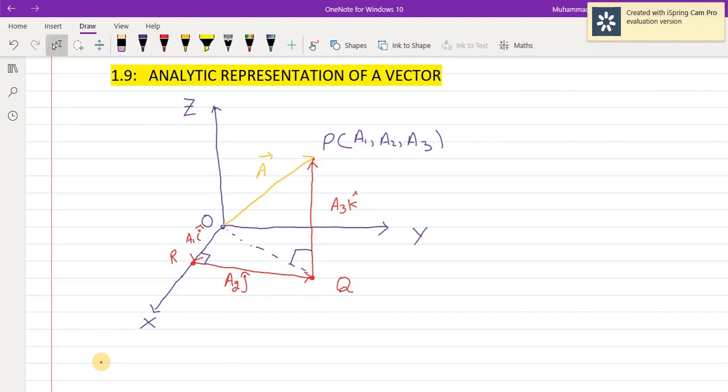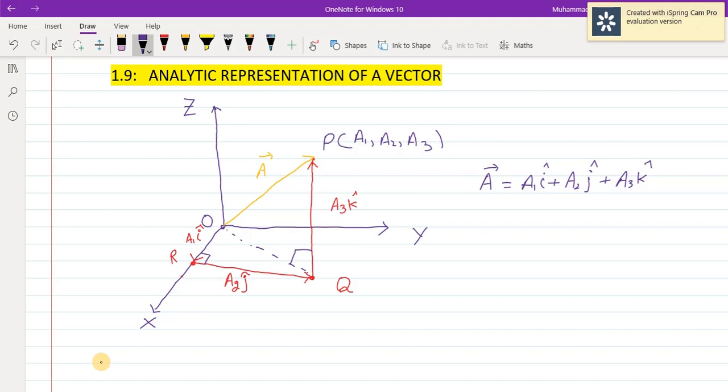Now from polygon law of addition, it is clear from the figure A1 i, A2 j and A3 k are three vectors and A is their resultant vector, so we will write it as A is equal to A1 i unit vector plus A2 j unit vector plus A3 k unit vector.